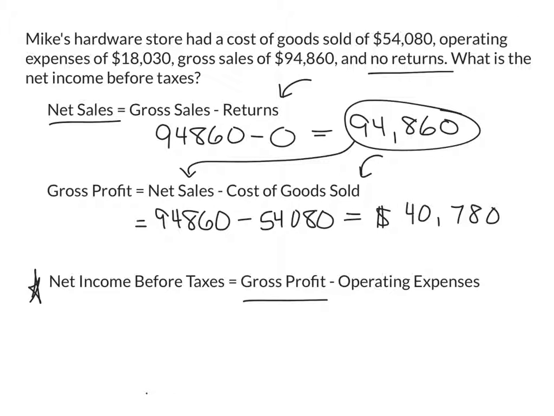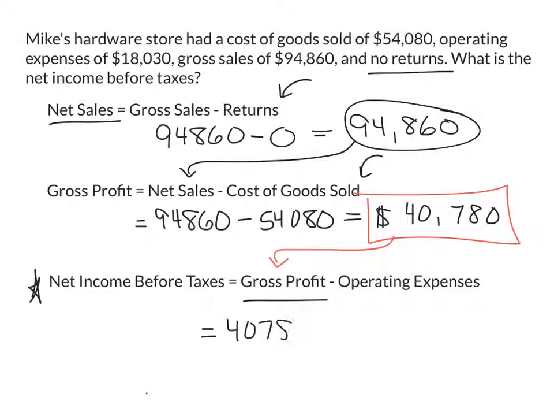That means we're going to take the value for gross profit and plug it into the formula to find the net income before taxes. So we end up having $40,780 minus operating expenses.